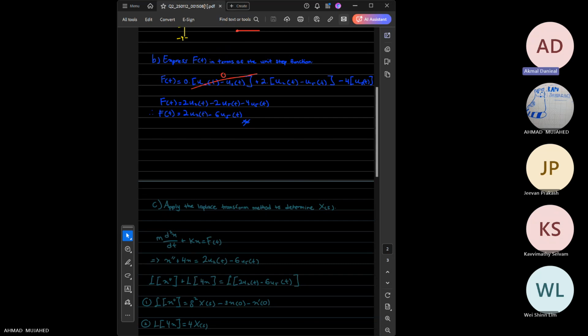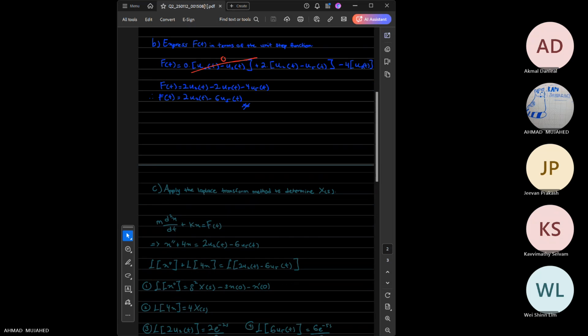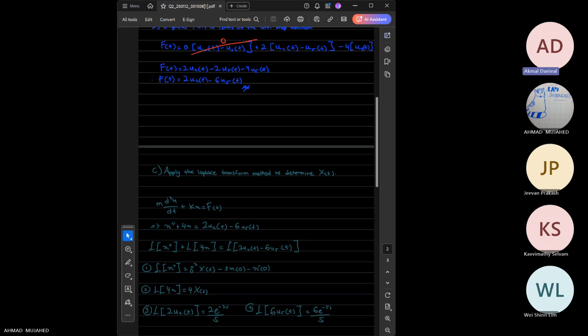C: apply the Laplace transform method to determine x. So we need to transform it to Laplace first. The given formula is m d²x over dt² plus kx equal to f(t).